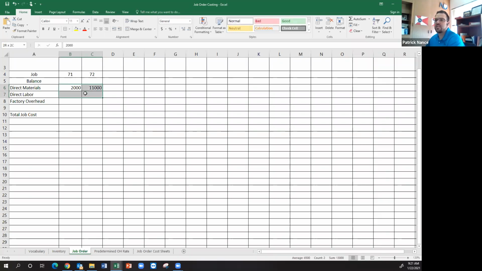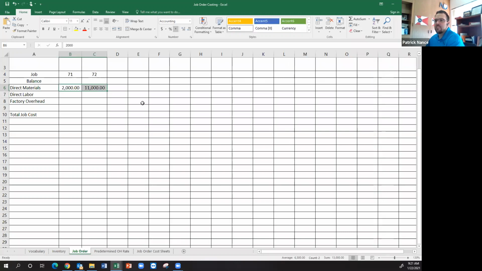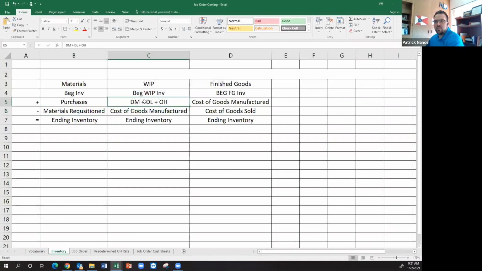Then it goes in the direct materials under job 72. And what I'm effectively going to do is keep track of all these things, and then that will end up being my total product cost here in my work in process inventory once it's finished. Once it's finished, then it would go to cost of goods manufactured, then eventually over to cost of goods sold.